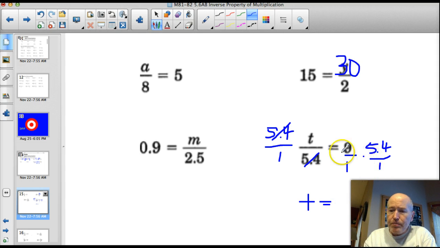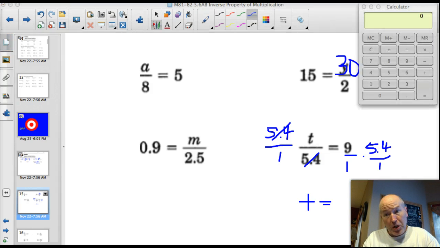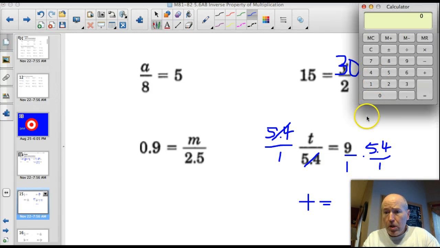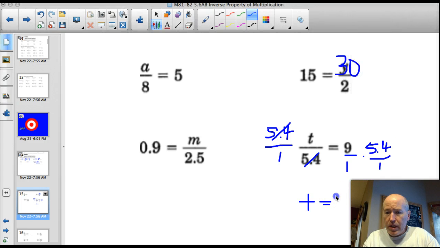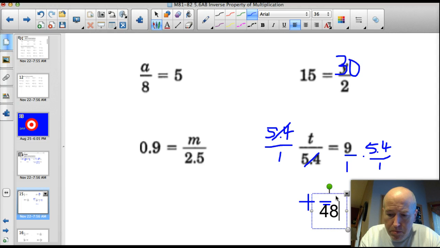Okay, now this part is going to get a little more complicated. This is where I'm going to get the calculator out. So now I have to take 9 times 5.4, and that equals 48.6.